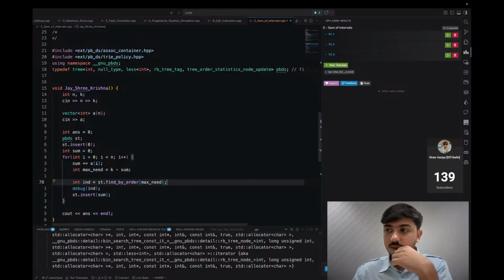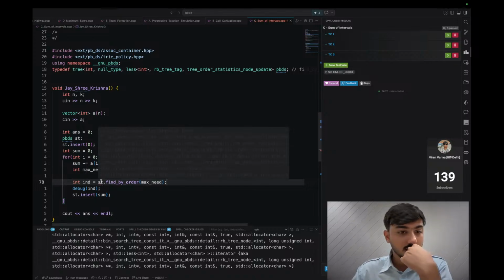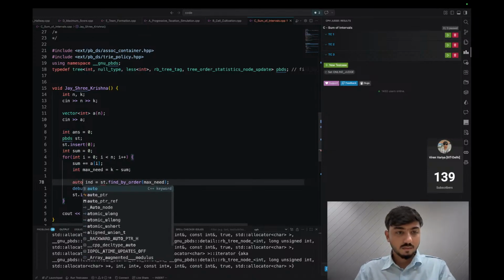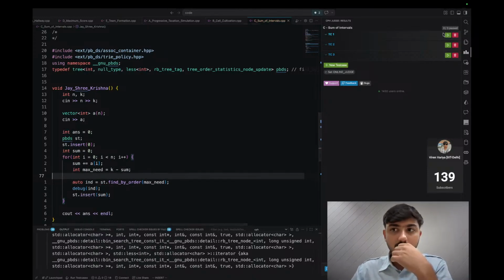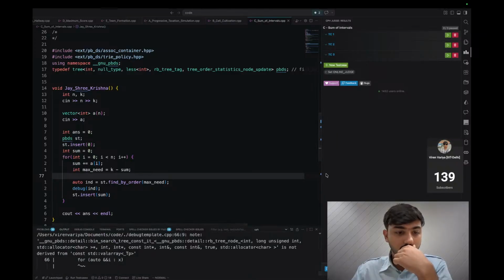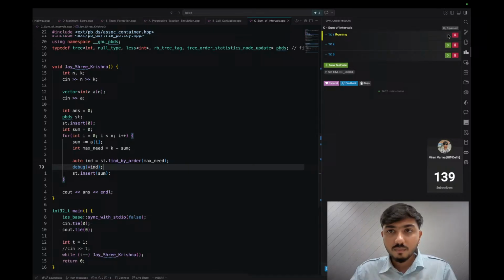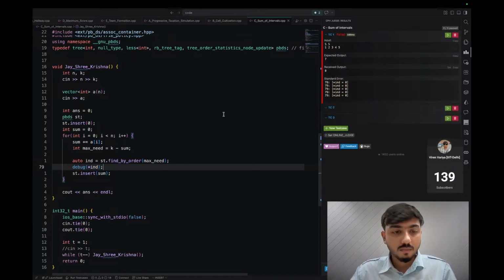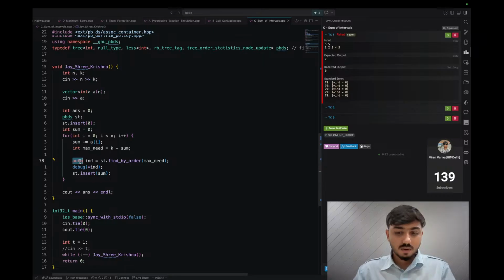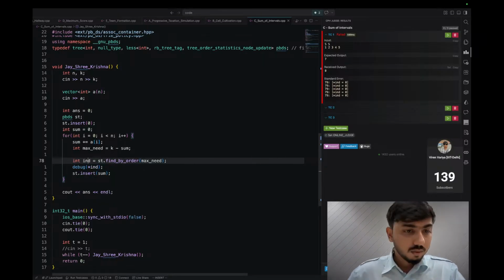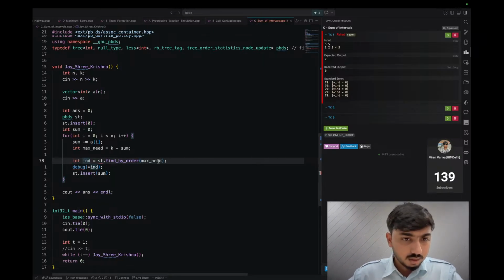I forget how to use this policy based data structure.